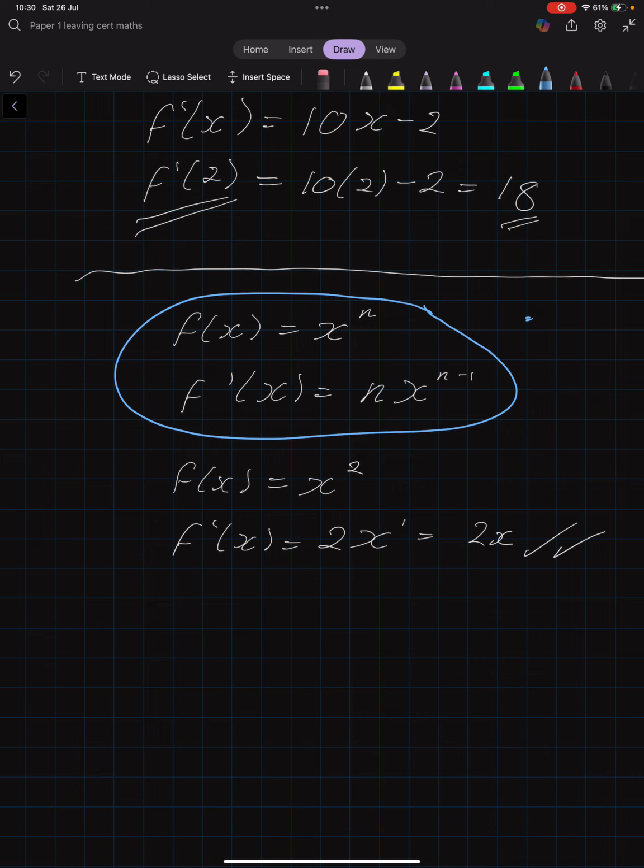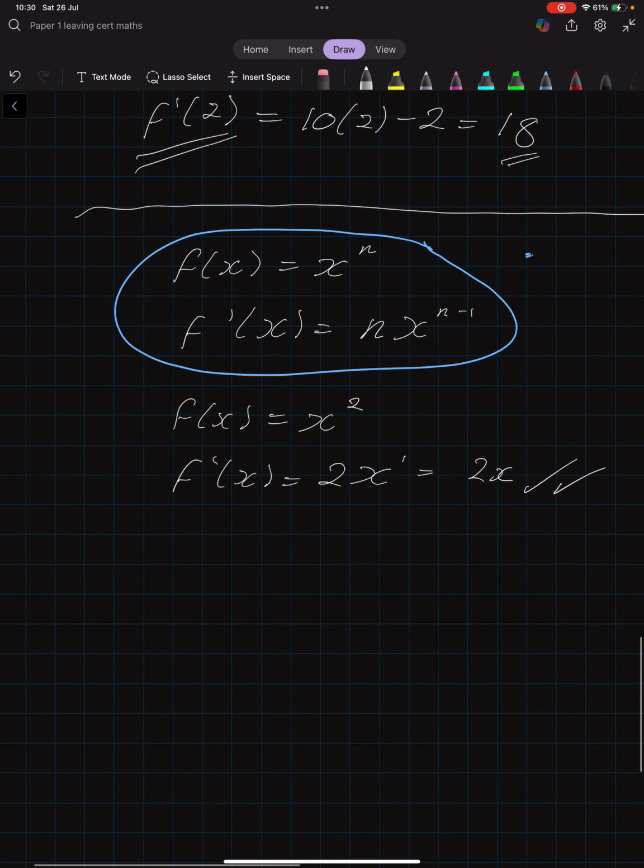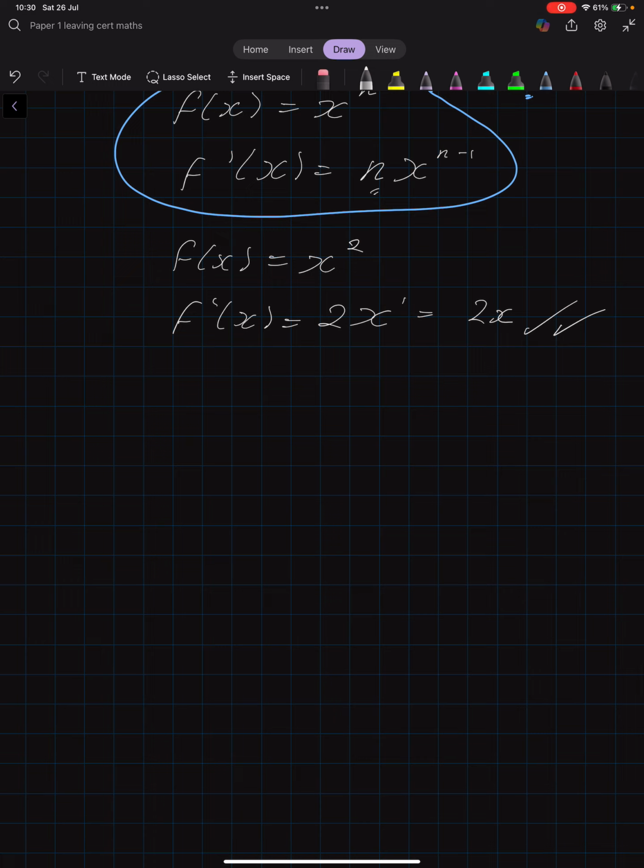Okay? Now, some of you might be a little bit vigilant and will sit there and say, well, hold on, what if n is 0? What happens if n is 0? Is the derivative just 0? Yes. So let's say f of x is equal to a constant. f of x is equal to 7. f prime of x is equal to 0. Why is that?